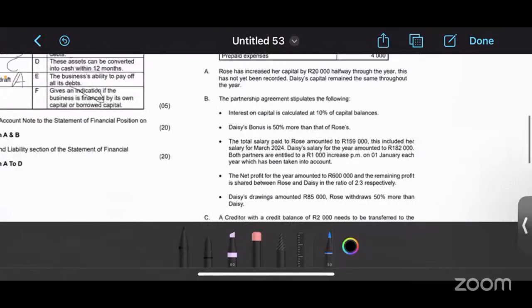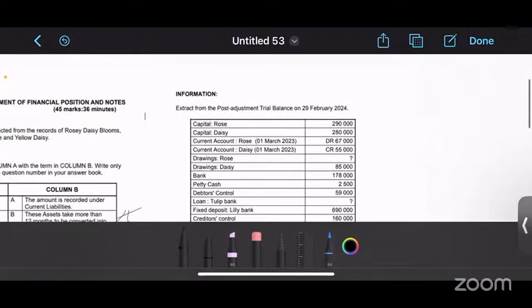We have extract from the post adjustment trial balance on 29th February 2024. We have capital for Rose and Daisy, 290,000 and 280,000 respectively. For current account for Rosie and Daisy, we have 67,000, which is a debit for Rosie, and a credited amount of 55,000 for Daisy.